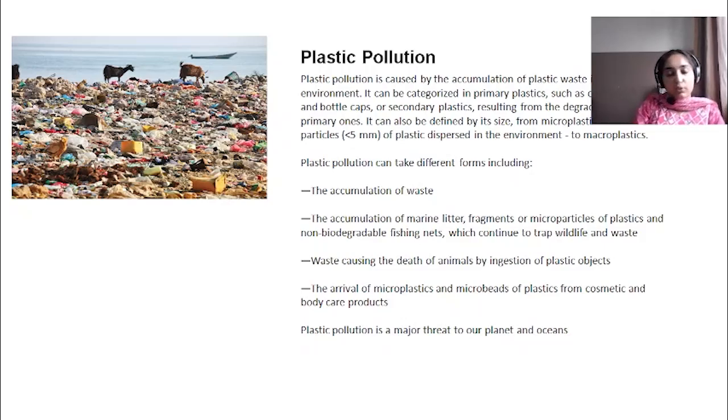Several million tons of debris may cause numerous impacts for humans as well as for aquatic bodies. So when there is an accumulation of plastic waste, it may lead to a disastrous impact on the planet as well as on the ocean.